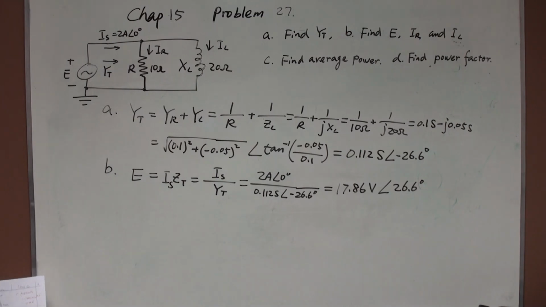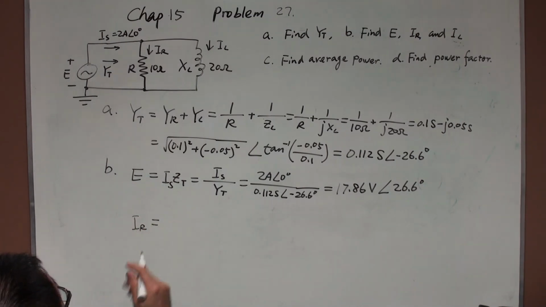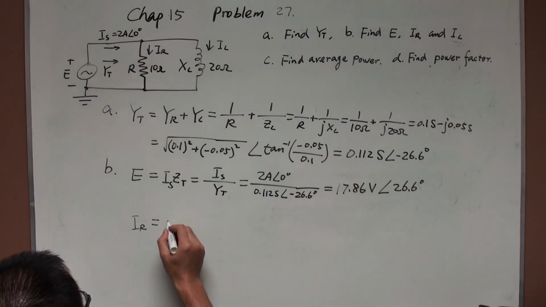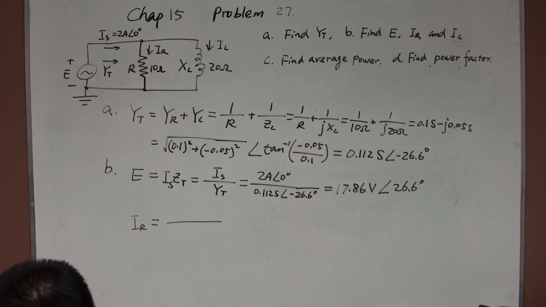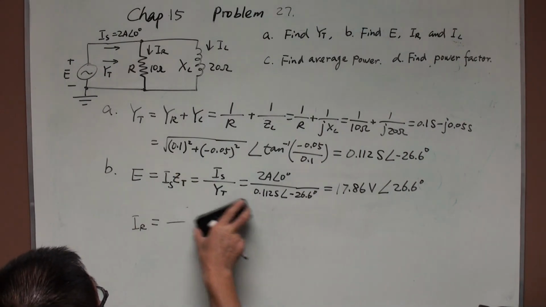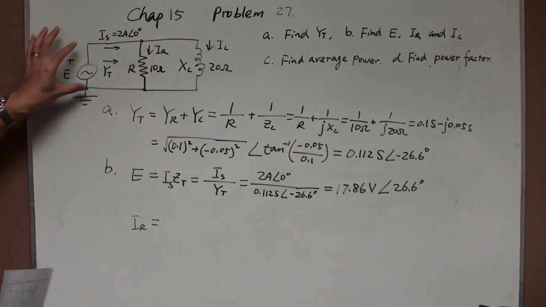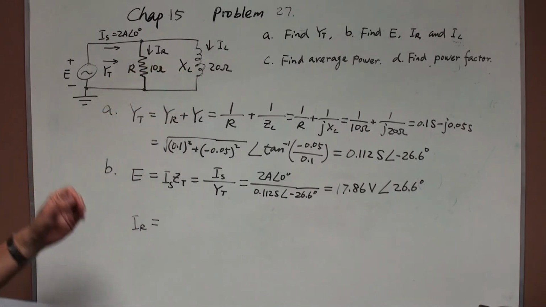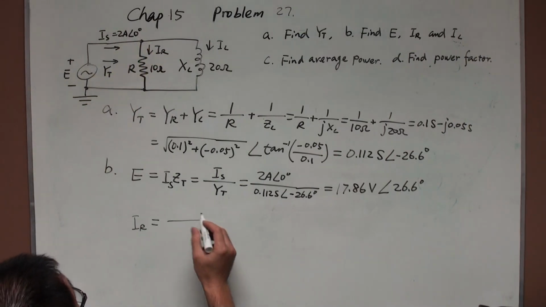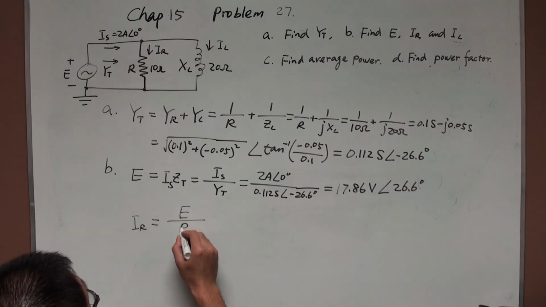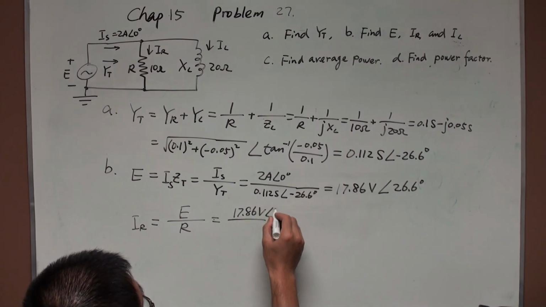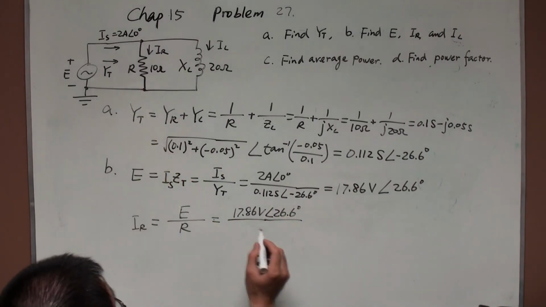Okay, so that will be the voltage for E. All right, so for IR, we have the total voltage over this circuit, and these two components are connected in parallel, so the voltage E will be on R. So IR will be equal to the voltage over the resistance, E over R. E is 17.86 volts with 26.6 degrees, over R, which is 10 ohms.